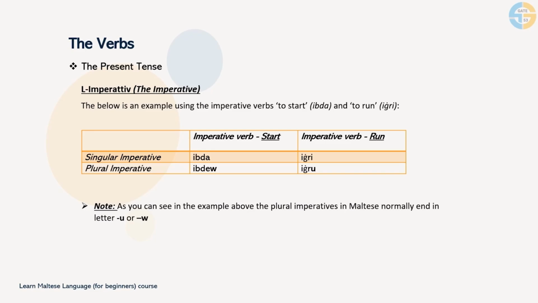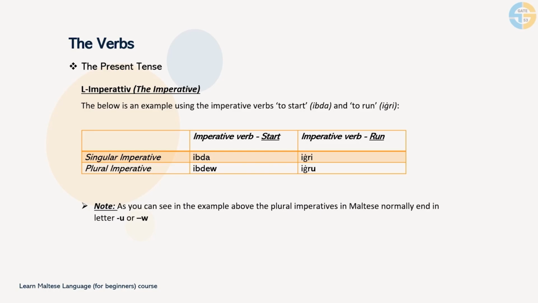When we get the verb run, the singular imperative is ijri and the plural imperative is ijru.